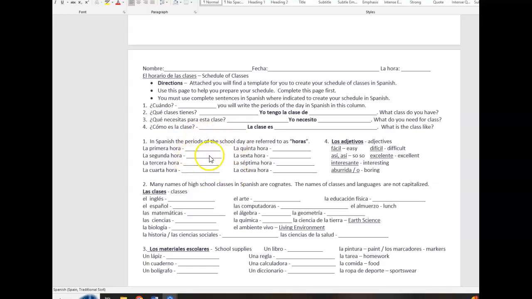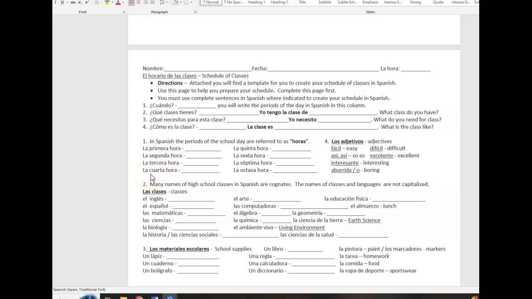All right, let's go ahead and fill in these periods. In Spanish, the periods of the school day are referred to as horas. Primera hora is first period. You're writing the English equivalent here in the space provided. Segunda hora is second period. Tercera hora is third period.